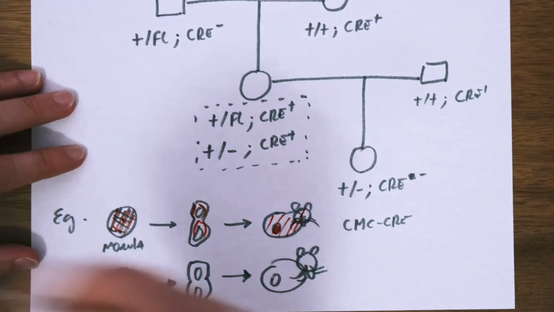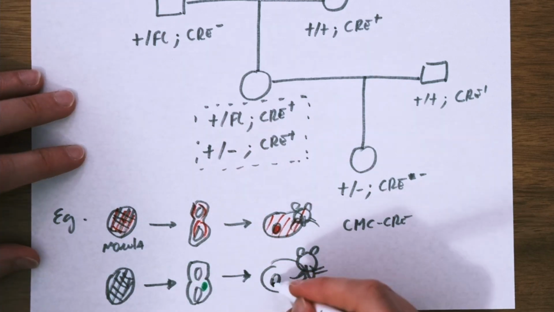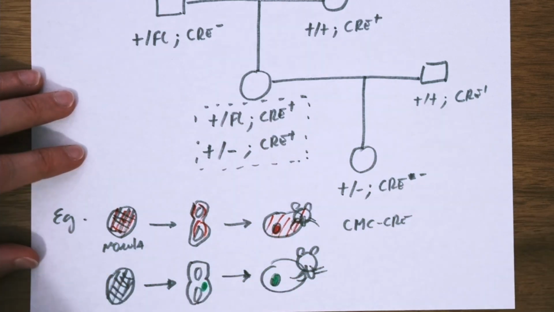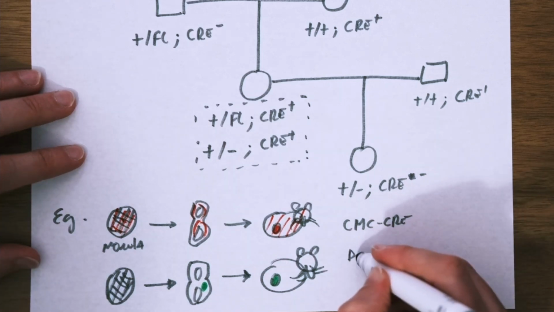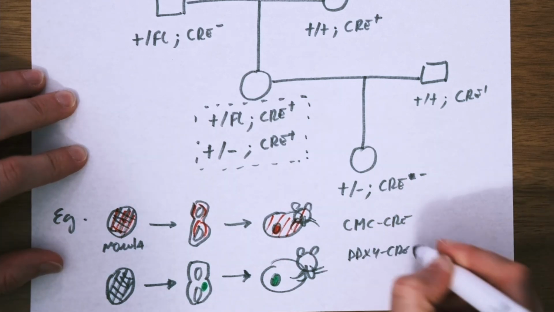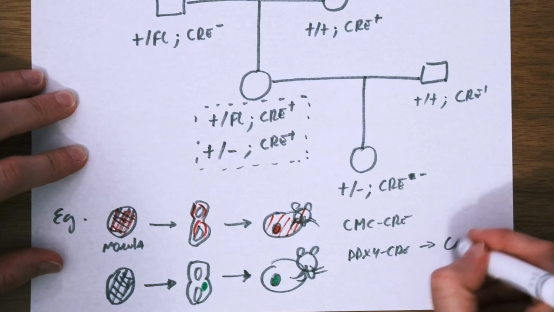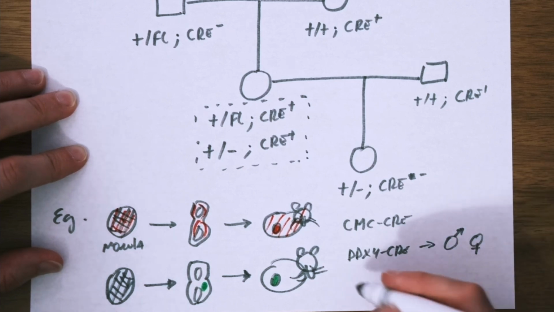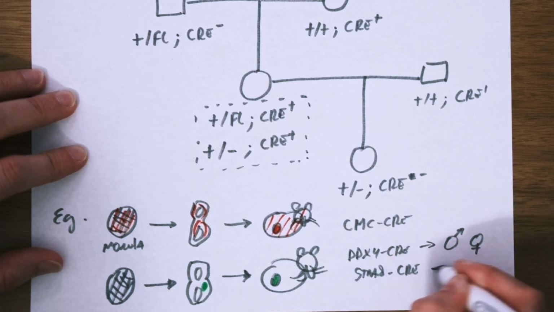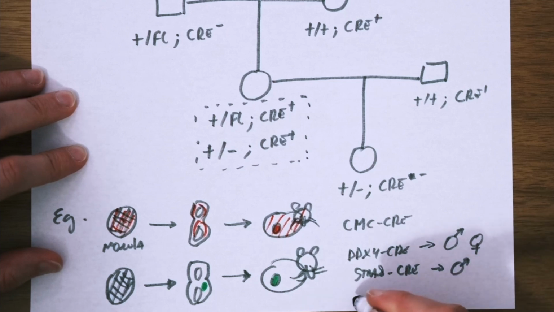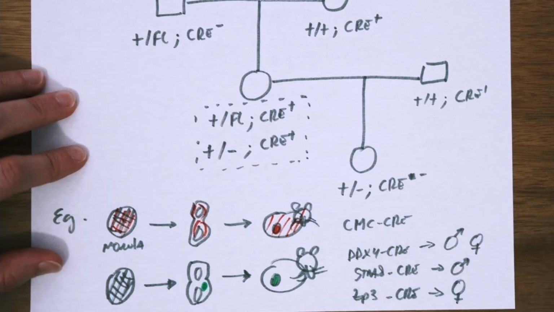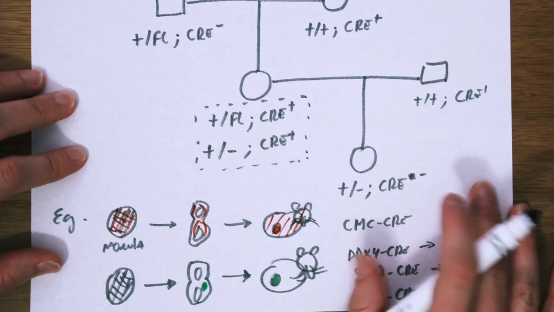And you can either target the whole germline or the male or the female germline specifically. So for example, DDX4 Cre targets both the male and the female germlines. Then you have Stra8 Cre that targets only the male, and you have others like the ZP3 Cre that targets the female. Anyway, any of these can do the job.